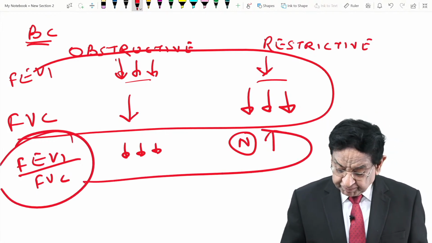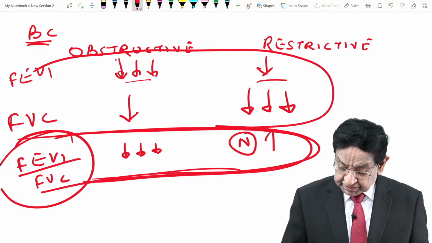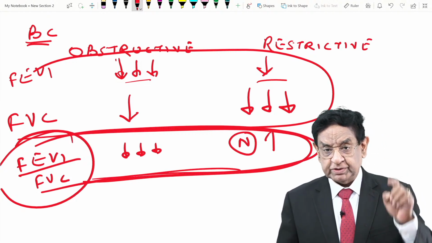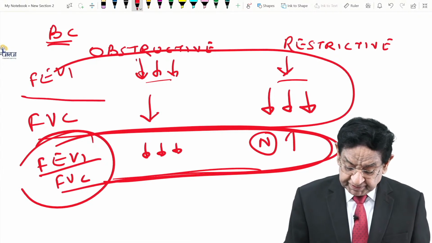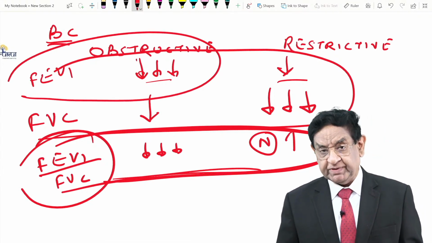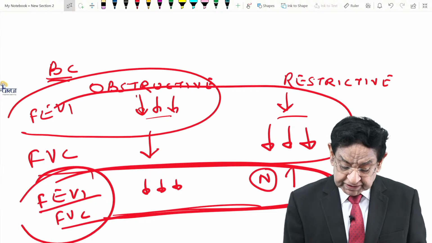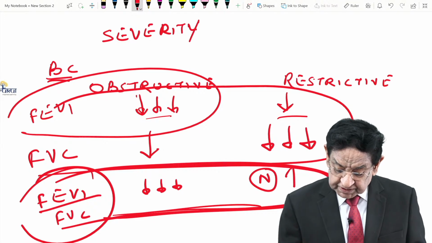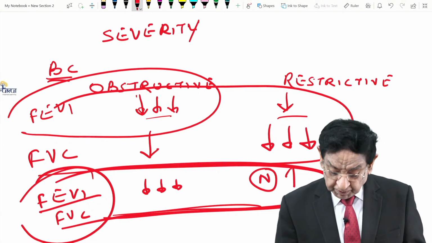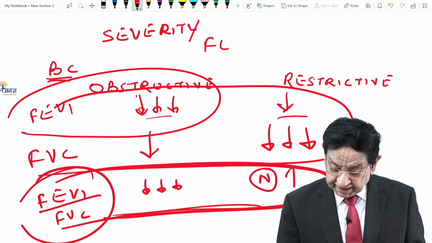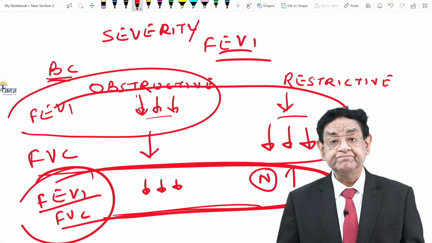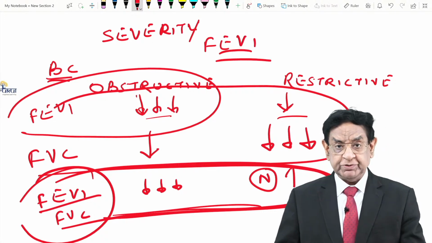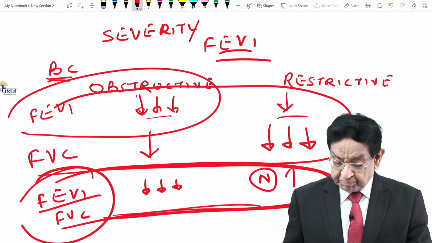This is a very, very important point, a universal question. And one more thing: FEV1 is reduced in obstructive airway disease, and if you want to know the severity of a case of obstructive airway disease, you check FEV1. So these are the two important points in this question.